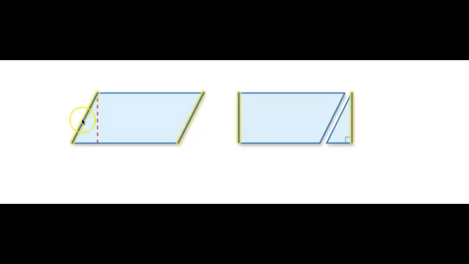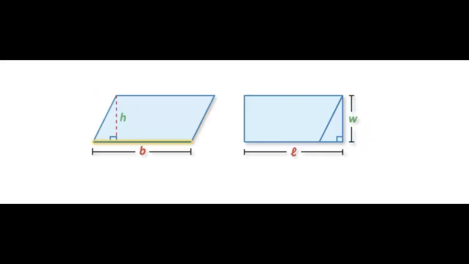Here you could see that they both have two pairs of opposite sides and both are parallel, right, and have the same length. We could also say that the base of this parallelogram is equivalent to the length of that rectangular shape, and the height of the parallelogram is equal to the width of that rectangular shape.